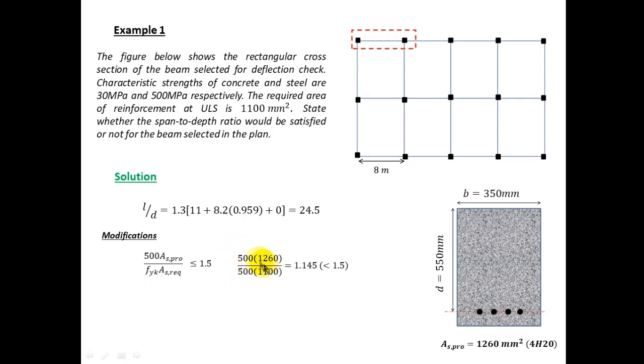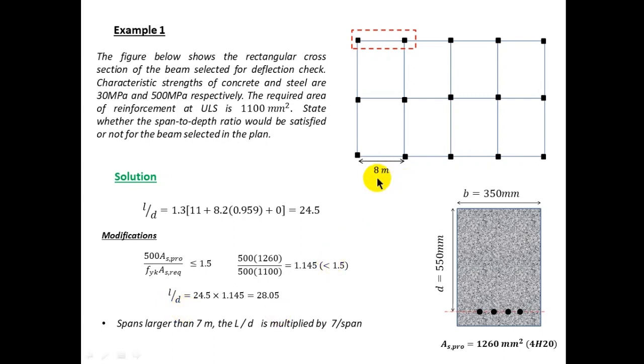This is 1, but the provided divided by required gives you 1.145, and you take this answer and multiply it by your L over D. Since you are providing more area of reinforcement, this will increase your allowable L over D. But yet this is not the only modification.